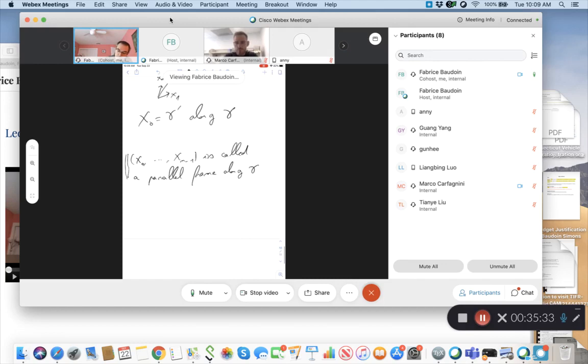That is, we look now for a solution of the Jacobi equation in this frame.